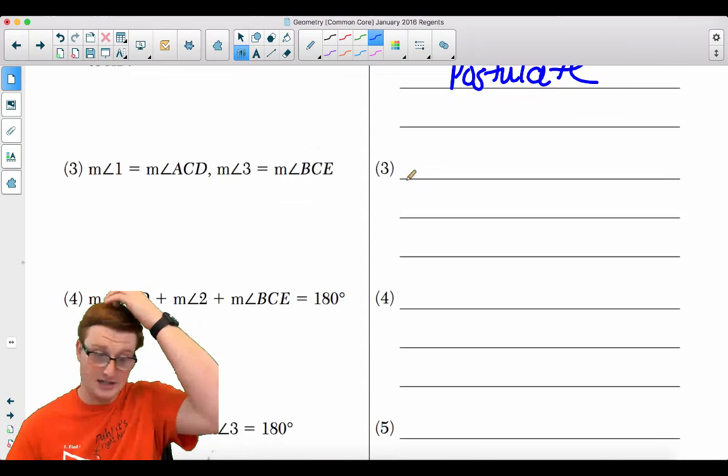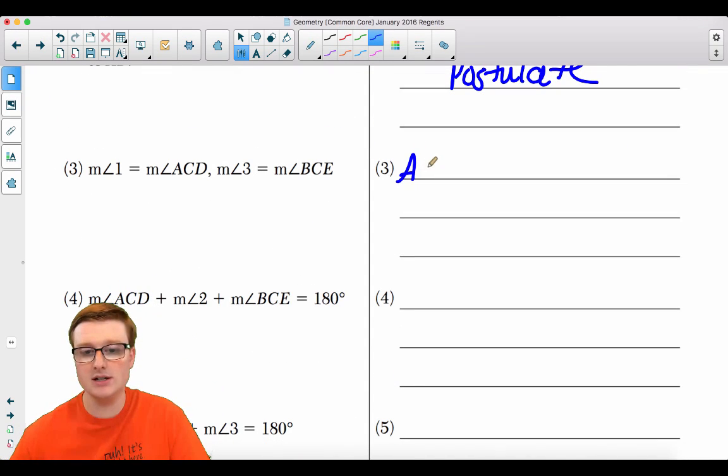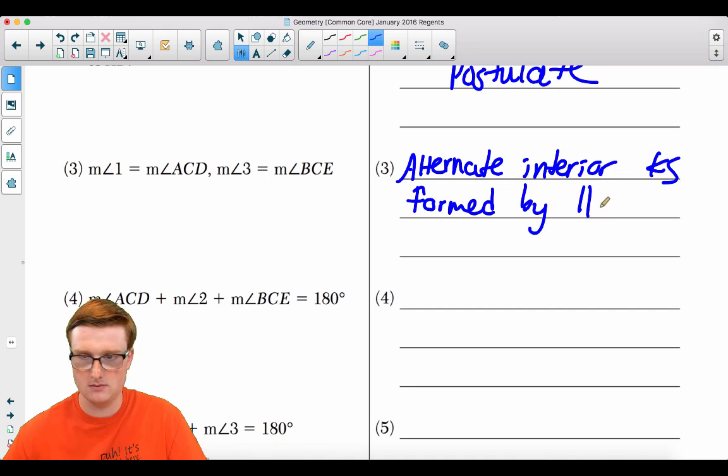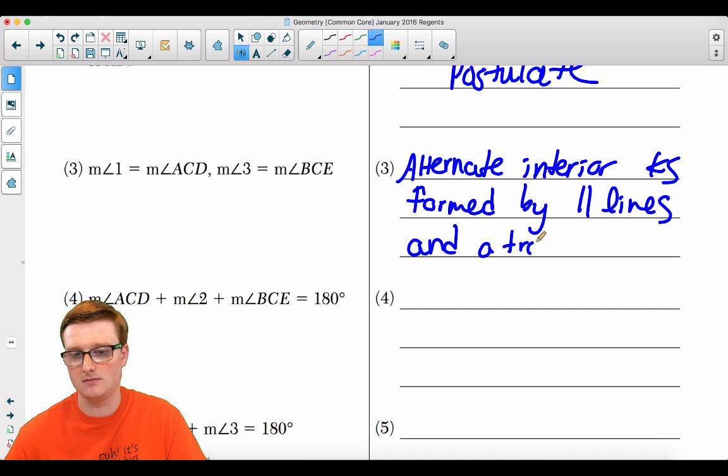So those are alternate interior angles. So we're going to say for a reason, alternate interior angles formed by parallel lines and a transversal are congruent.